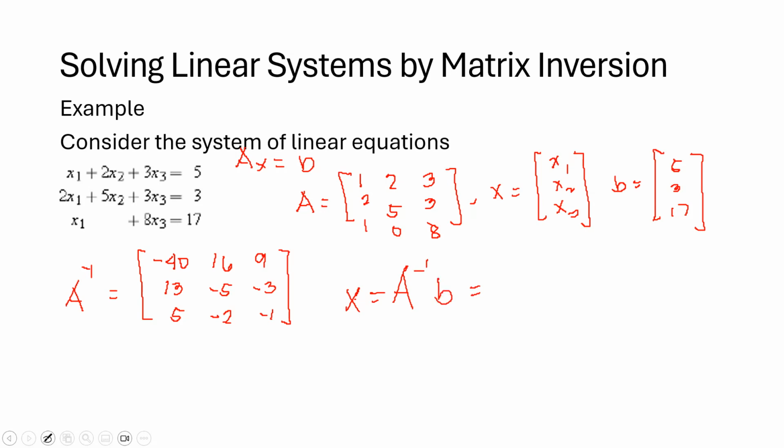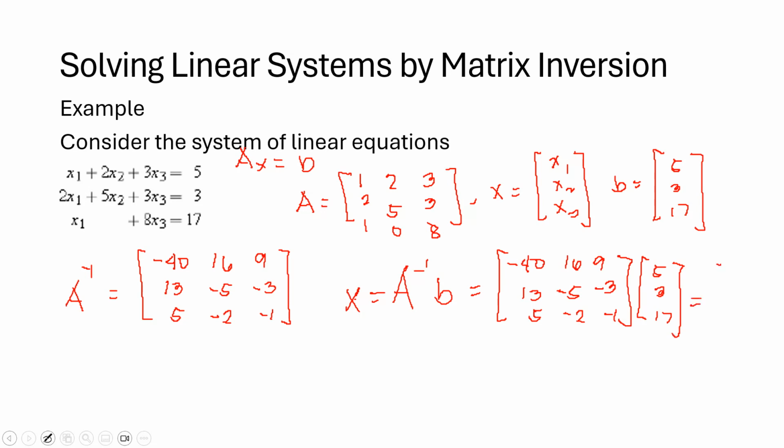In other words, you have to multiply the matrix negative 40, 16, 9; 13, negative 5, negative 3; 5, negative 2, negative 1 by b, which is 5, 3, 17. In this case, the product would be 1, negative 1, and 2.